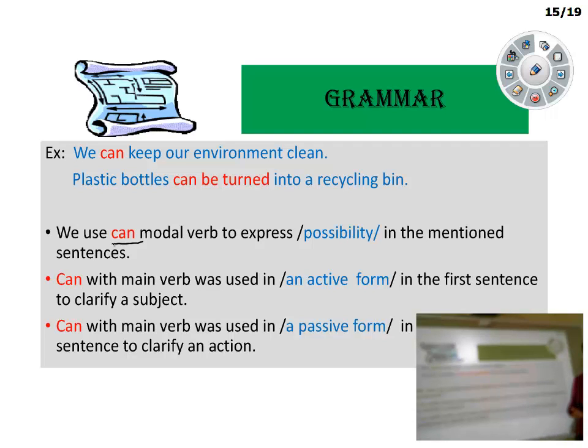Can with a main verb was used in active form in the first sentence to clarify a subject. And can with a main verb was used in passive form in the second sentence to clarify an action.